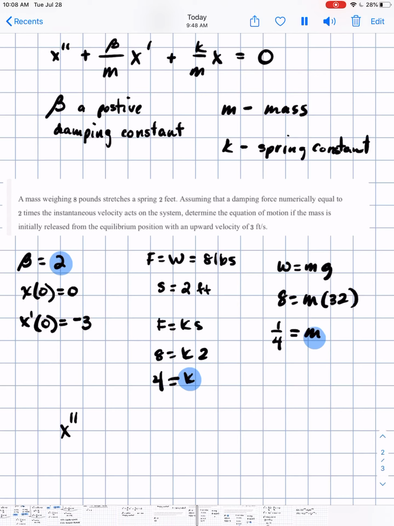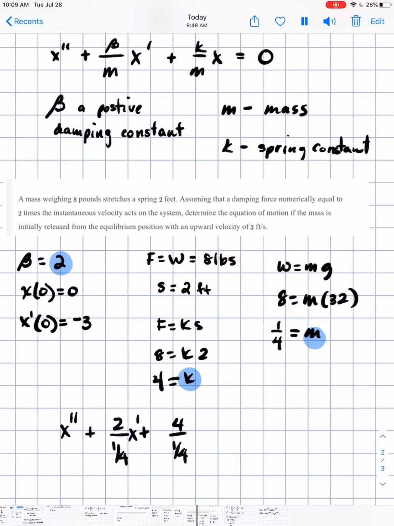So we'll have x double prime plus 2 over 1/4, sorry, it's 1/4, and then over the mass, which is 1/4, plus 4 is k over 1/4.